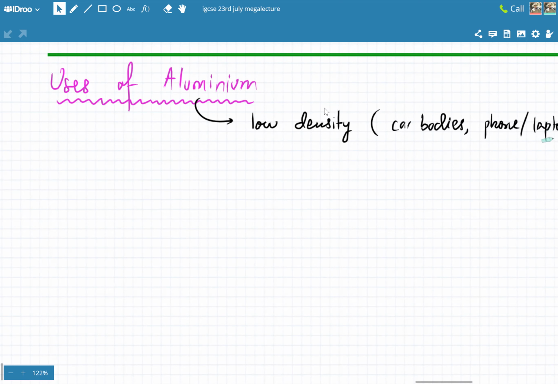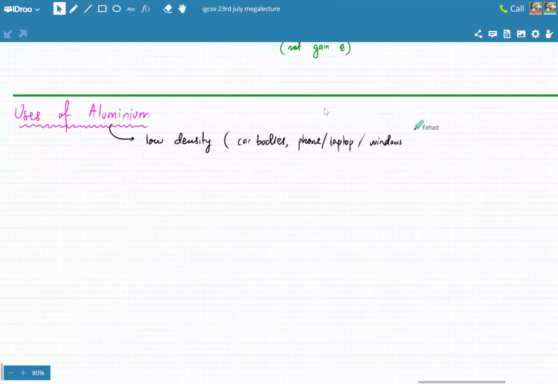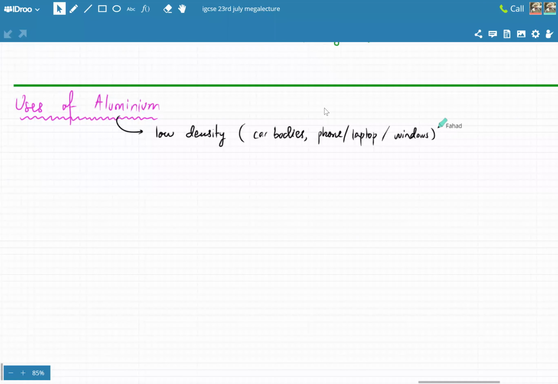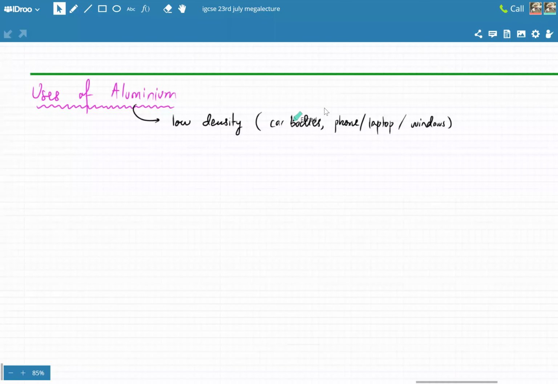It's a very useful metal, and it's becoming more and more popular. People use iron less these days. Earlier iron was mostly used, but now most people have switched to aluminium. With its low density and light weight, it's good.